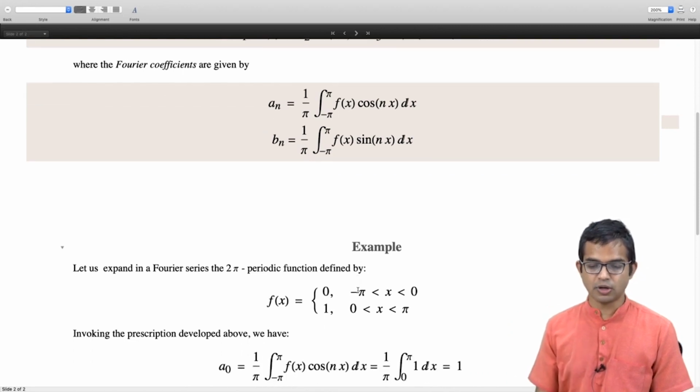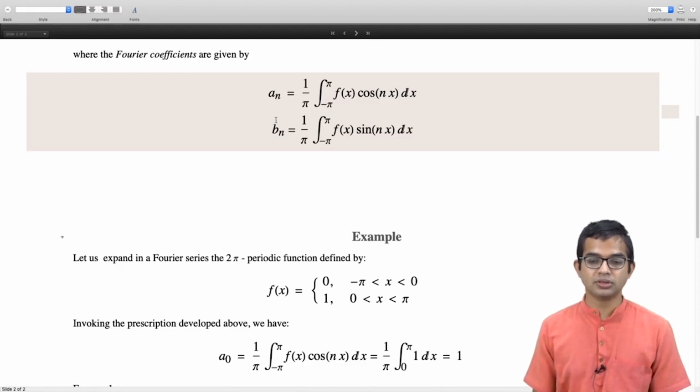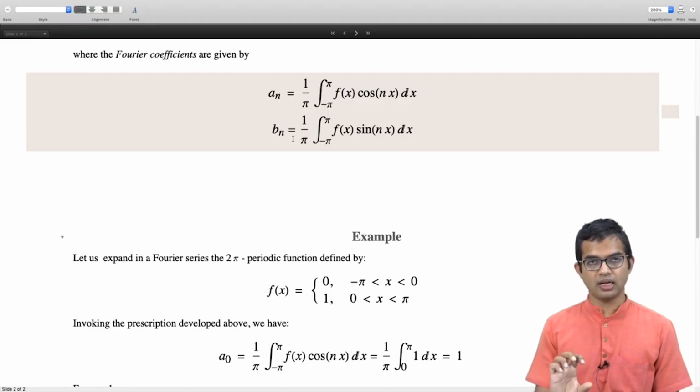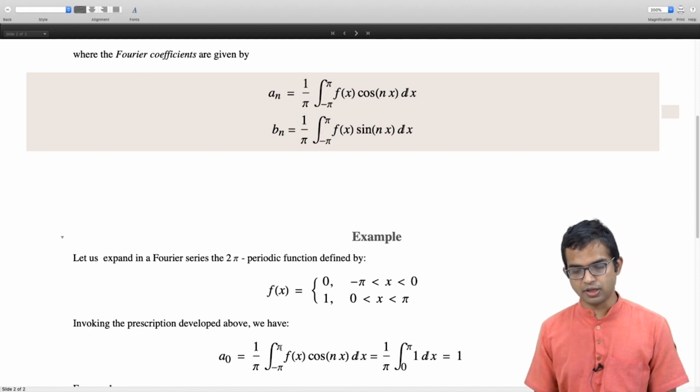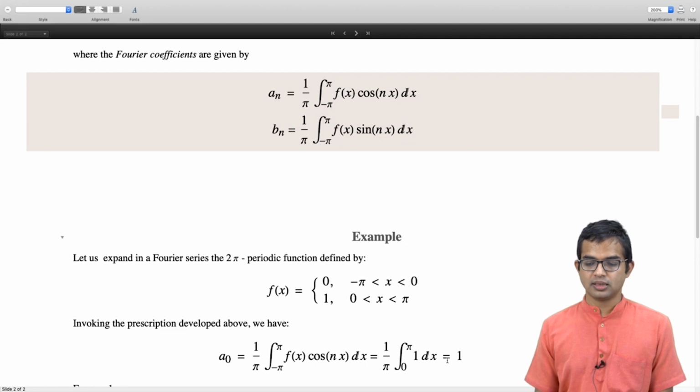If we invoke the above prescription, you have to be careful. If you blindly do this, you might think that all the a_n's are 0, but in fact a0 is to be treated slightly differently. The integral from minus pi to pi reduces to an integral from just 0 to pi, because f of x is 0 in the interval from minus pi to 0. So it's 1 over pi, integral 0 to pi of 1 dx. This will just give you pi, and dividing by pi is just 1. So a0 is 1.